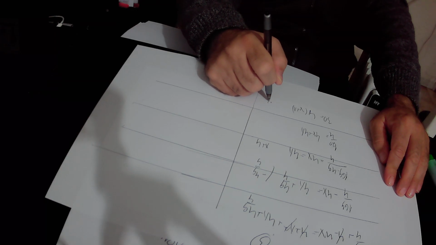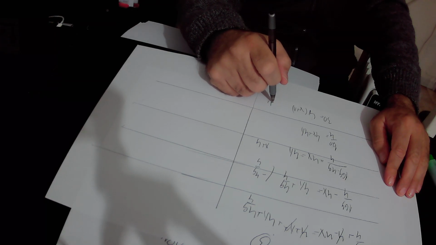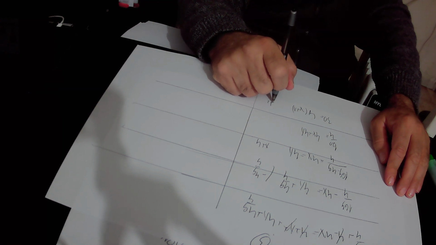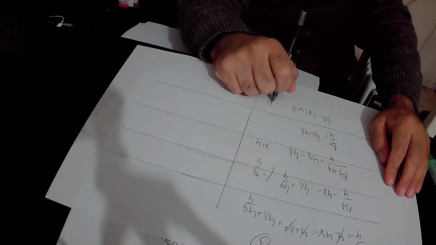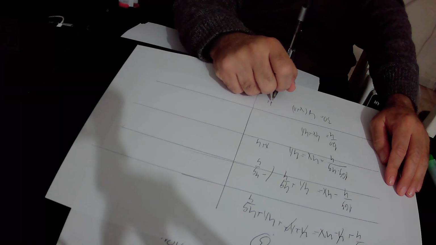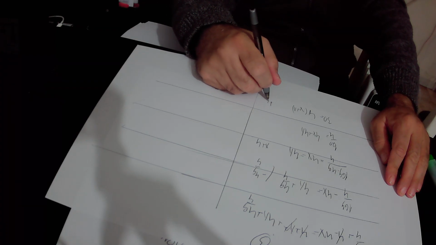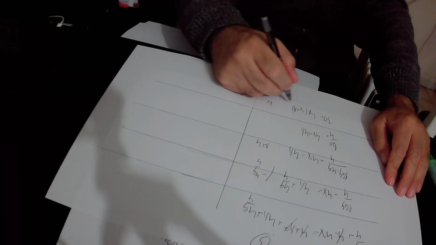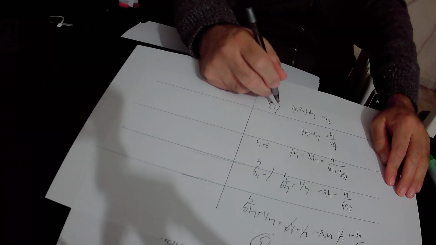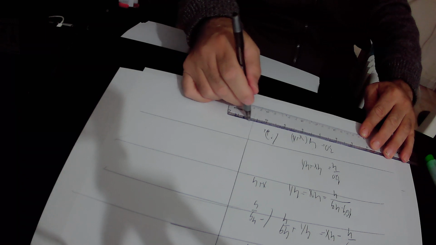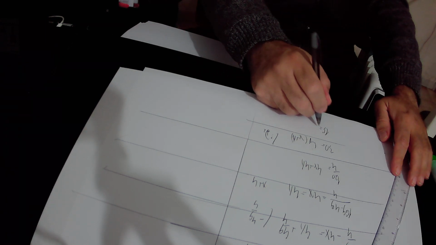So 30 equals 4 times x plus h. We divide this equation by 2 and we get that 30 over 2 is 15, 4 over 2 is 2.